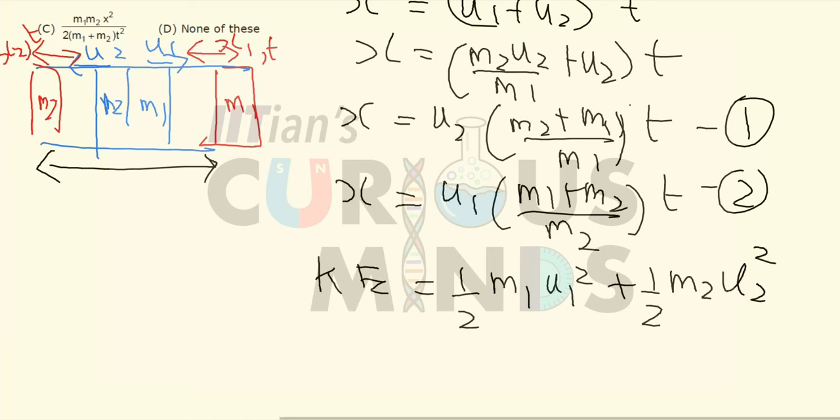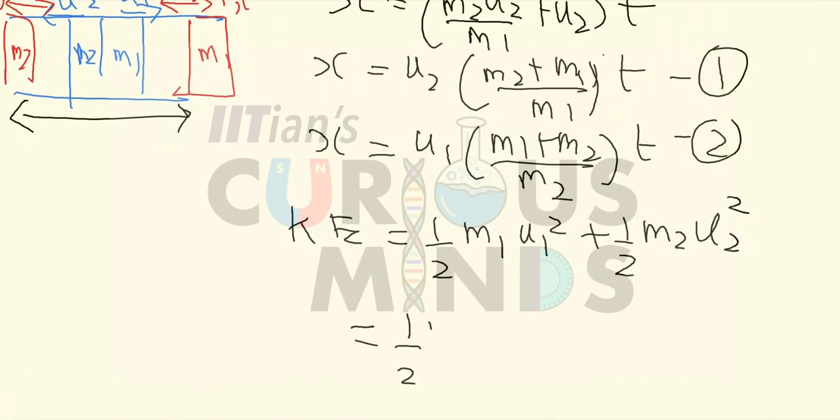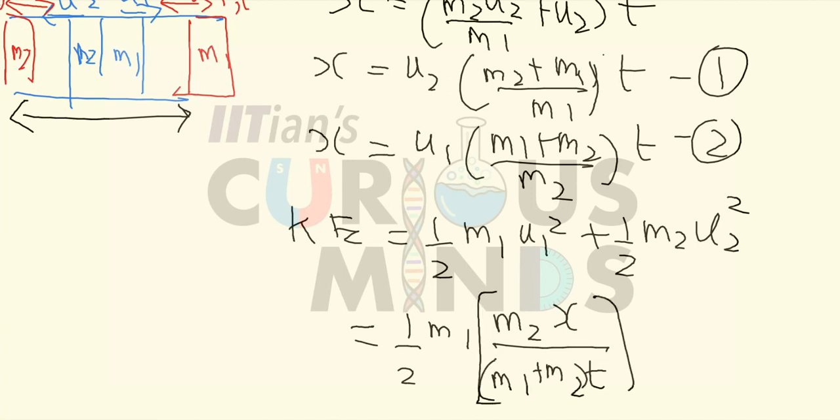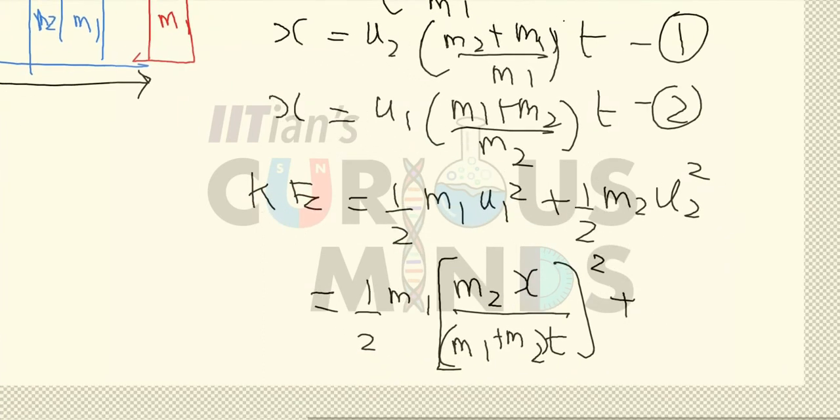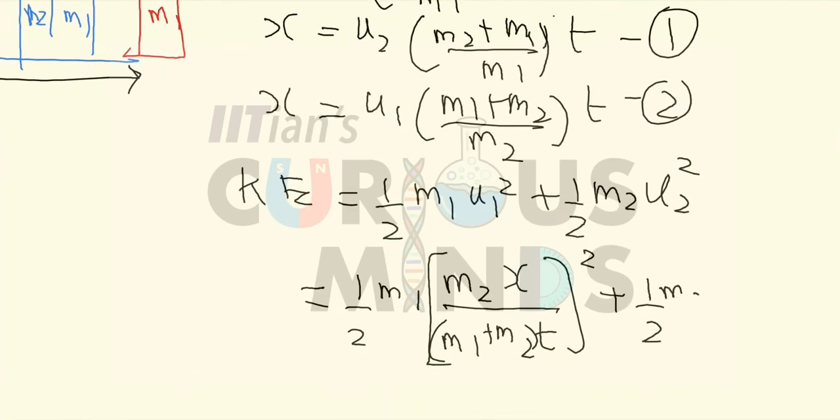Now instead of u1 I will substitute m2 into x divided by m1 plus m2 into t, the whole square, plus half m2 times m1 x divided by m1 plus m2 into t, the whole square.